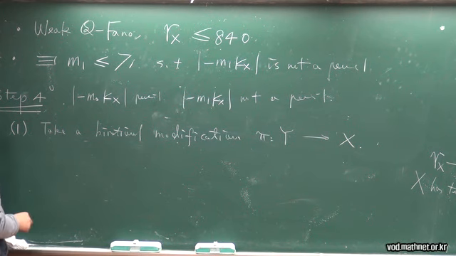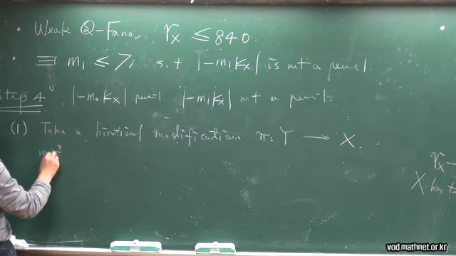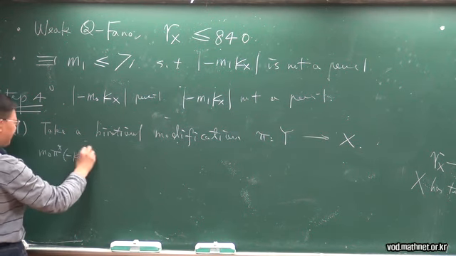So then we can write pi upper star of m naught minus Kx.